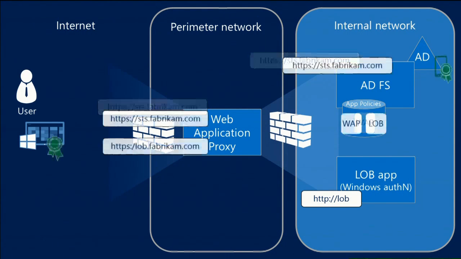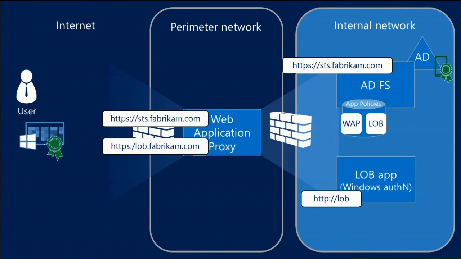The next thing you want to do, and again we're adding more elements to the story here, is publish externally the access to your LOB application. So there's two things here that I've done.